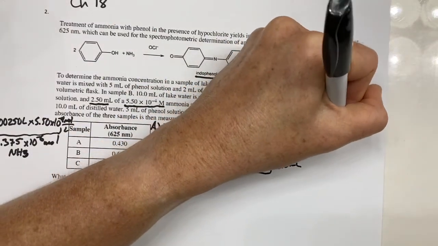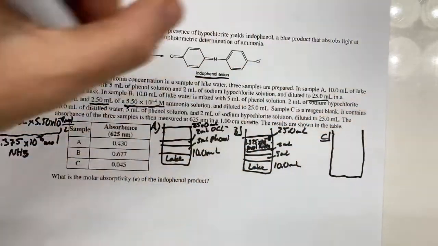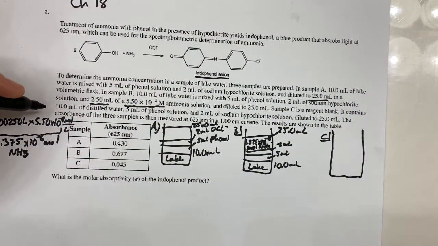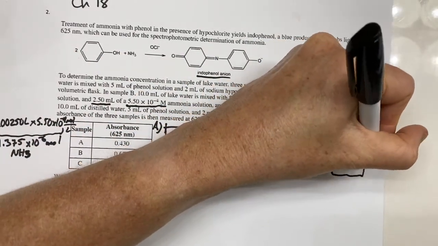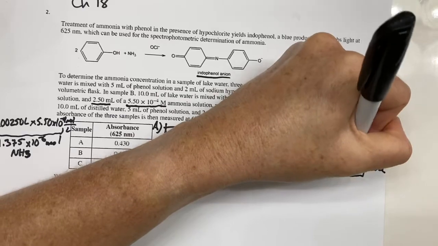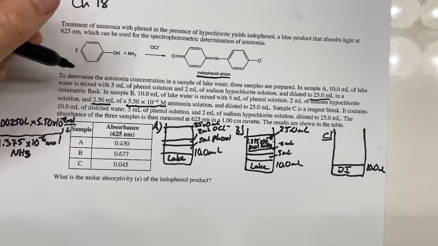And then it says C is a blank. There was no lake water in this one. You're not analyzing this one. This is just to see what's in the background of the phenyl, etc. So you added 10.0 milliliters of distilled water, of DI water, it's deionized.